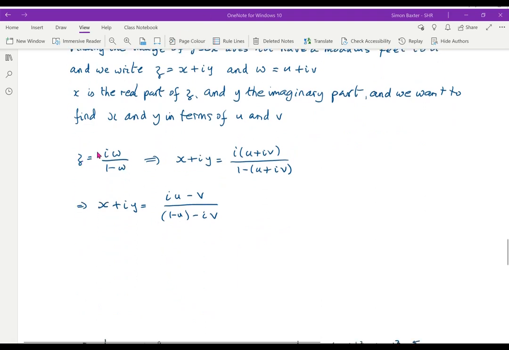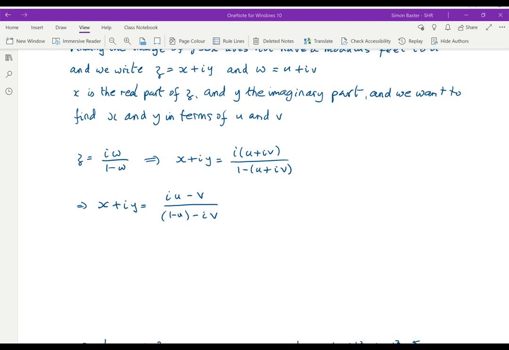We have now z is iw over 1 minus w. z is x plus iy, w is u plus iv. Simplifying that, we get x plus iy is i(u plus iv), that is iu minus v, over 1 minus u minus iv. Well, we want to extract x and y. x is the real part, y is the imaginary part.